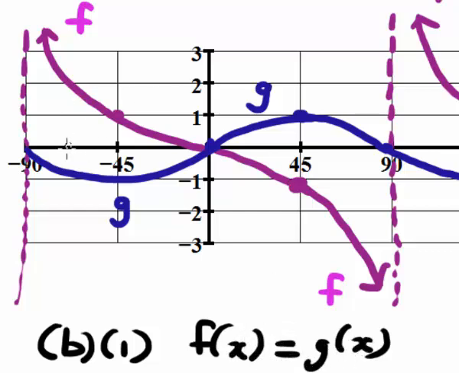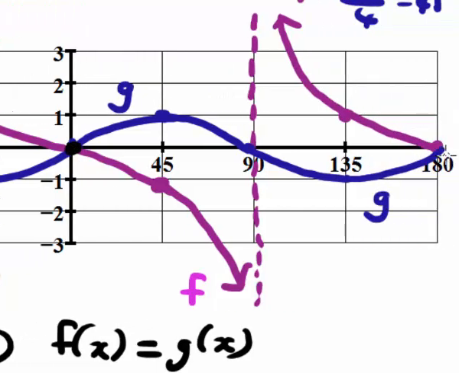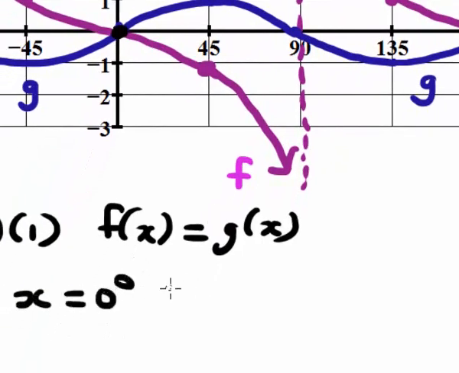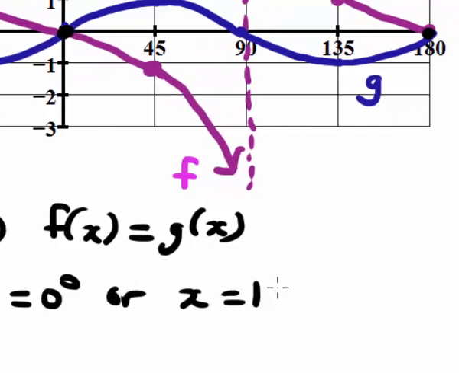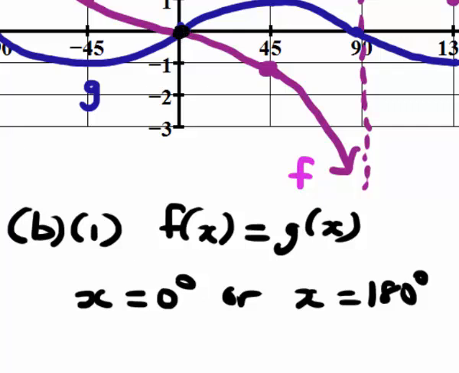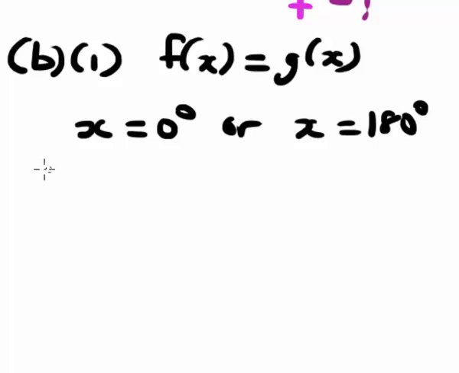That is where the graphs intersect. Well, where do they intersect? There and there. So the solution would be x = 0 degrees or x = 180. Where do their y values equal each other, where are they intersecting? That was pretty straightforward.